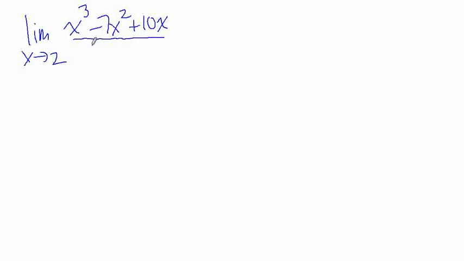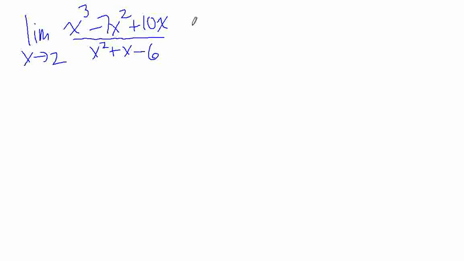So, in closing, here's a few more examples. The limit as x approaches 2 of x cubed minus 7x squared plus 10x divided by x squared plus x minus 6. Now, let me repeat, you have to first check to make sure you have weirdness.